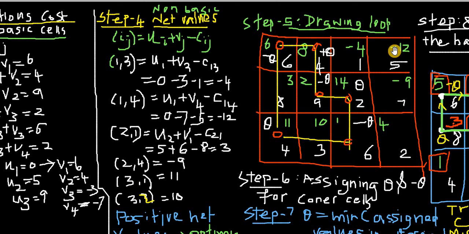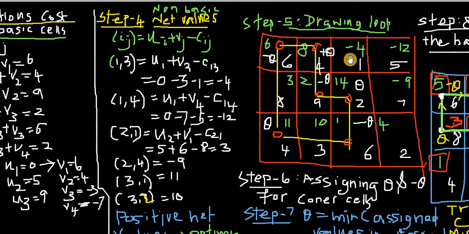In the left hand side top, the basic values. 6 is a basic value, because this is a basic cell. 8 is a basic value, it is a basic cell. And this is also a basic cell, this is also a basic cell, and this is also a basic cell.